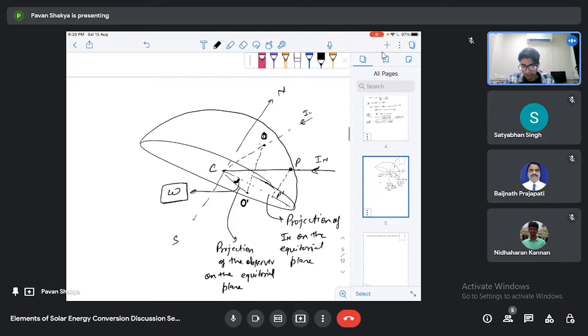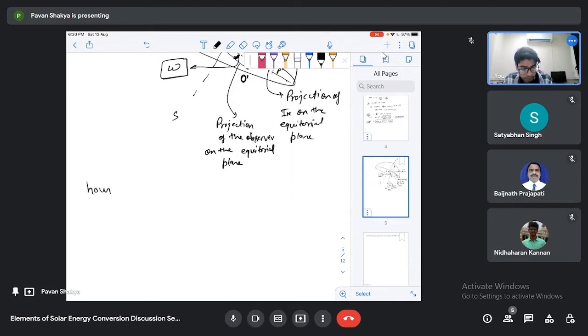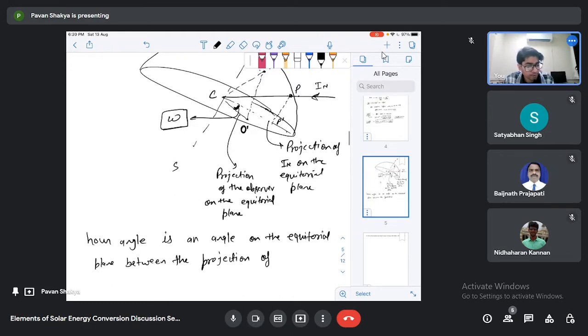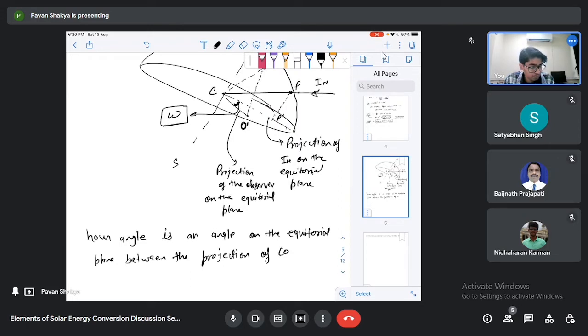So from here we can say that our hour angle is an angle on the equatorial plane between the projection of CO and CP, that is CP dash and CO dash.